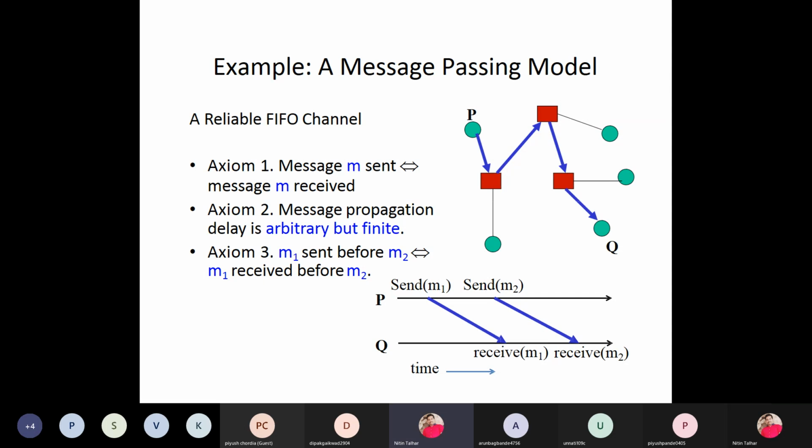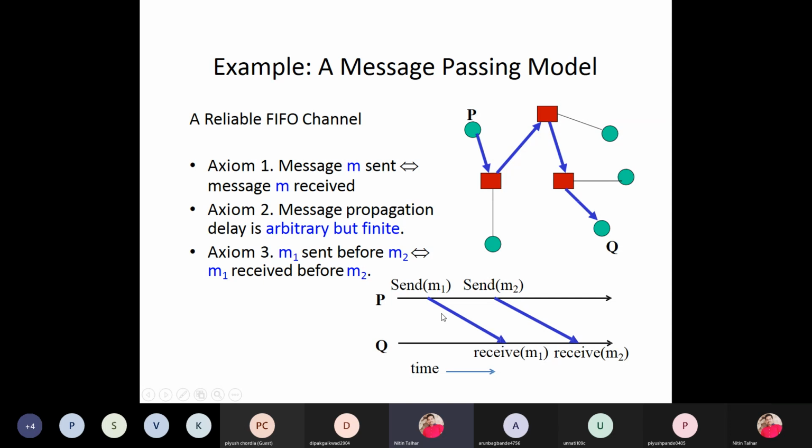When you draw the time diagram, you can see at the bottom of the screen there is a time diagram. Here P is a process, meaning P is on node number P. The process started, the execution started. Similarly, on node number Q the process started.